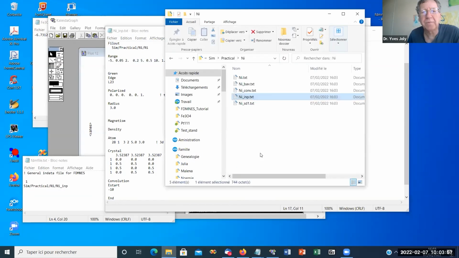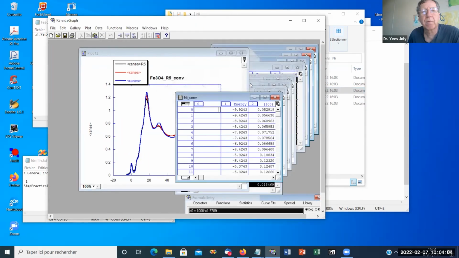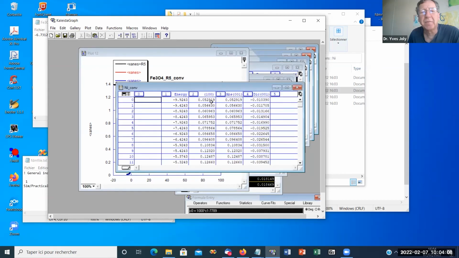Okay. Well, anyway, it's already calculated. So we have the result. Here was the first polarization that I suppressed at the end, but it was already calculated.